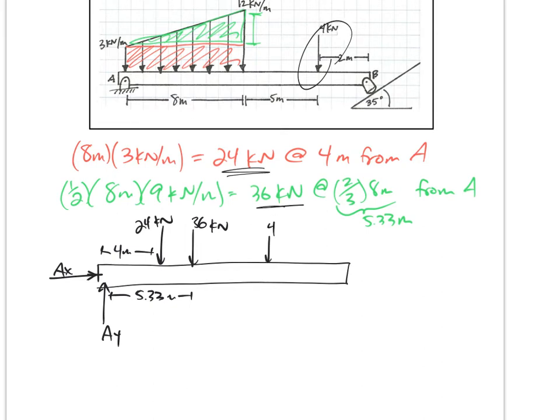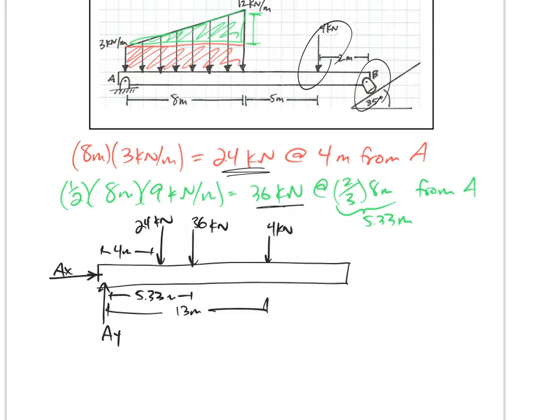So 4 kilonewtons, and I'm just going to go ahead and write 13 meters from A. And then over here, all right, that is a rocker. That's a rocker at B.